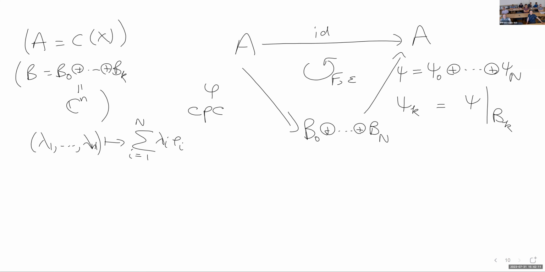So when I restrict to the indices represented by that color k, I'm mapping to something where the partition of unity elements rho_i live on disjoint sets. In other words, I'm mapping to orthogonal things. That's the extra structure I have: each psi_k is what's called order zero. It preserves orthogonality because it's mapping things in different components to orthogonal pieces. So each of these is going to be completely positive contractive and order zero.